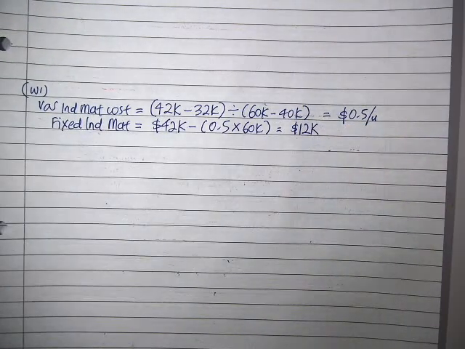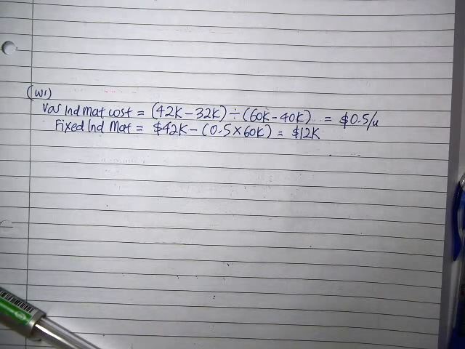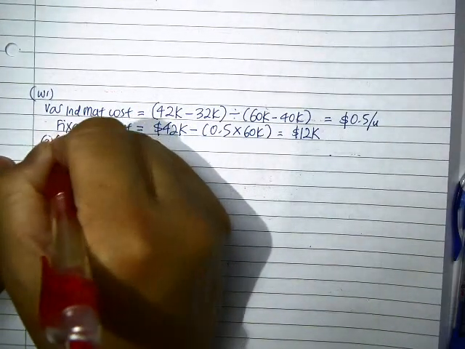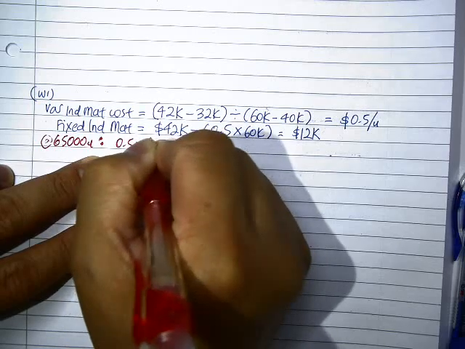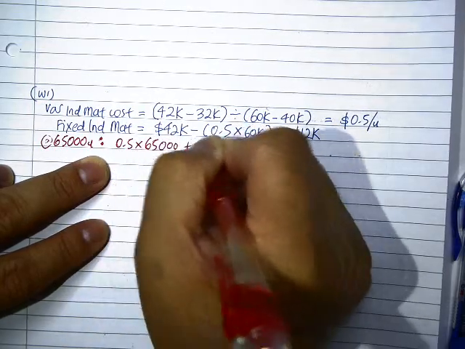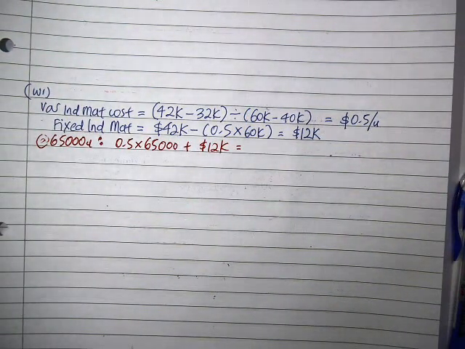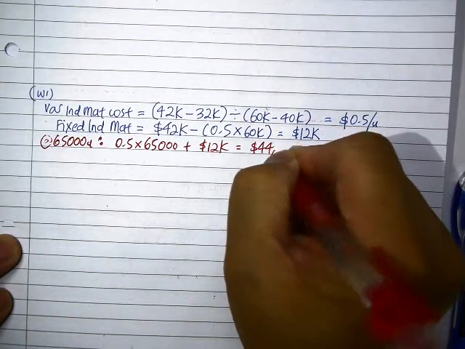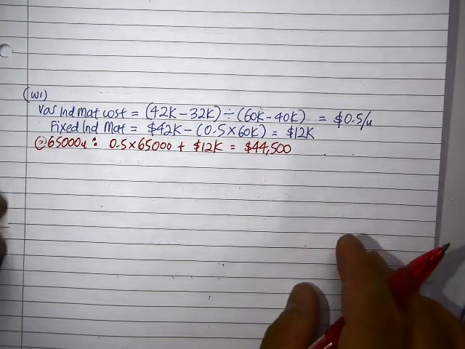Now, so if you know the variable is 0.5, the fixed is 12,000, then what's the cost at 65K? So at 65,000 unit, right, you will be 0.5 times 65 plus the 12K. There's no other cost adjustment, correct? Now then you will have 44,500. Now that's the cost. That's how you flex it.